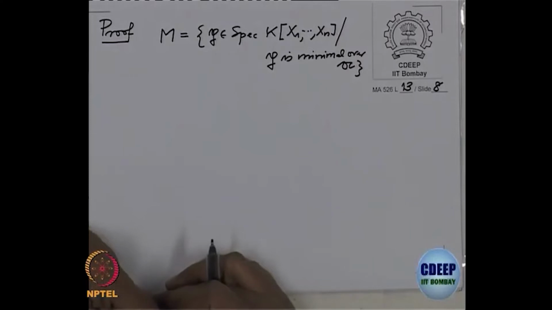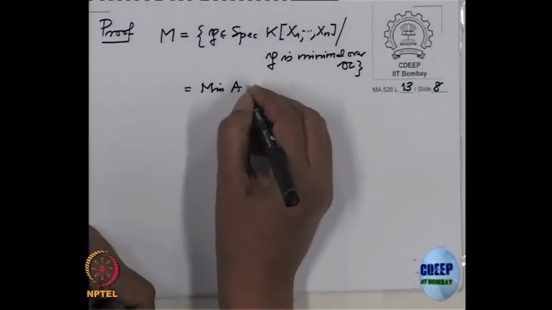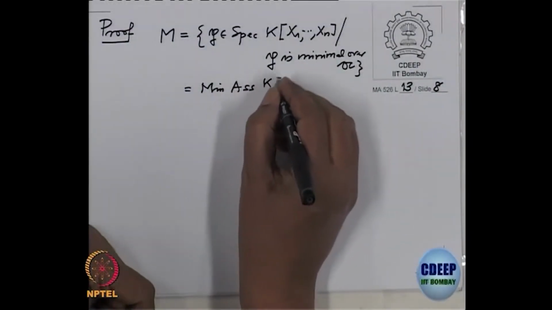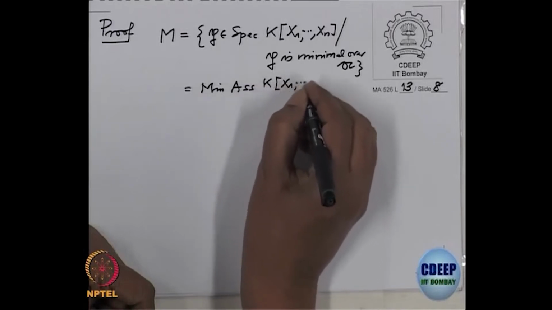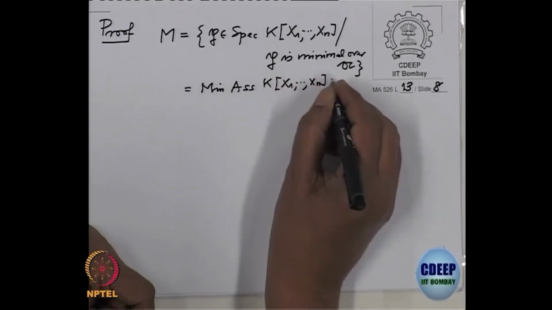In fact, these are precisely the minimal elements in the associated primes of the ideal A, that is, the minimal associated primes of K[x1, ..., xn] modulo A.